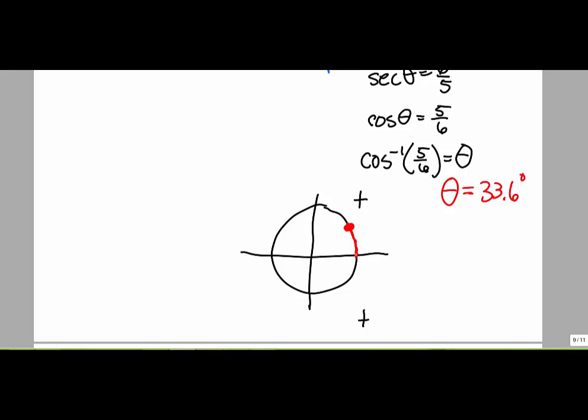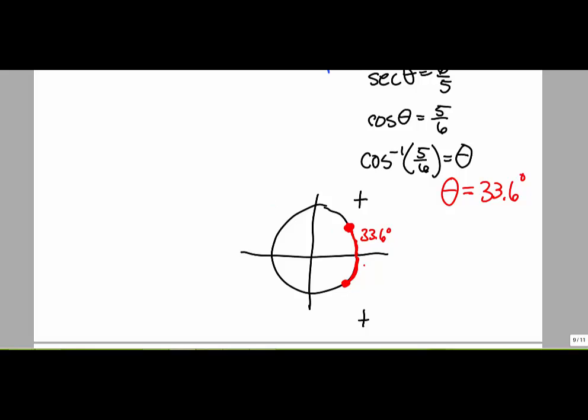So the distance from the x-axis to the point in quadrant 1 is a 33.6 degree reference angle. So one of our solutions is 33.6, and that's in the allowed interval from 0 to 360. Then I'm going to find the same reference angle in quadrant 4.